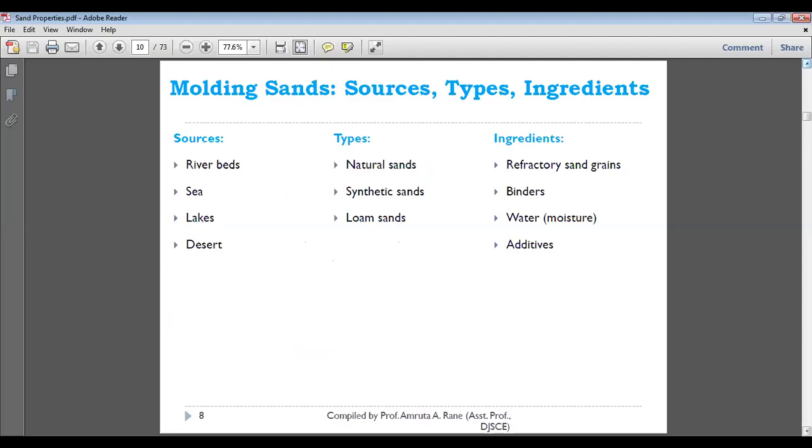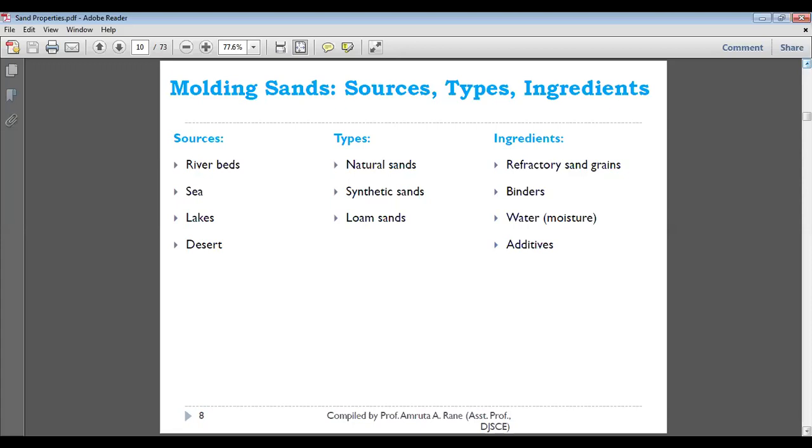Beneath the rivers, sea, and lake, the molding sand is found, and this is excavated from the bottom of water bodies. And then deserts, of course, as you know, deserts contain so much sand, so you can take how much sand you require.